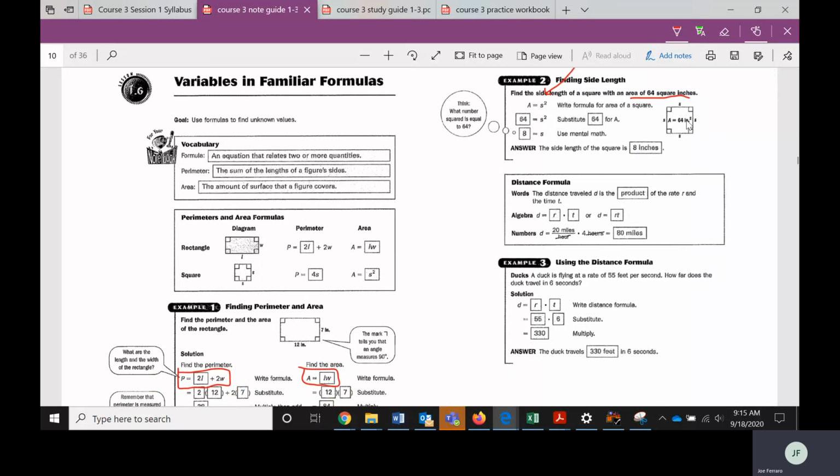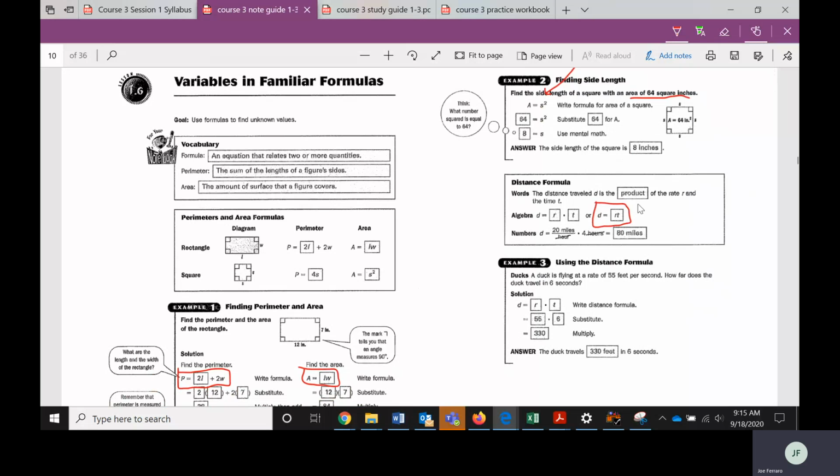We'll look in a little bit at how to do one if they give you a perimeter instead of an area. Now, the distance formula. This is something you will use, and there are different variations of it, but the main distance formula is right here: distance equals rate times time.